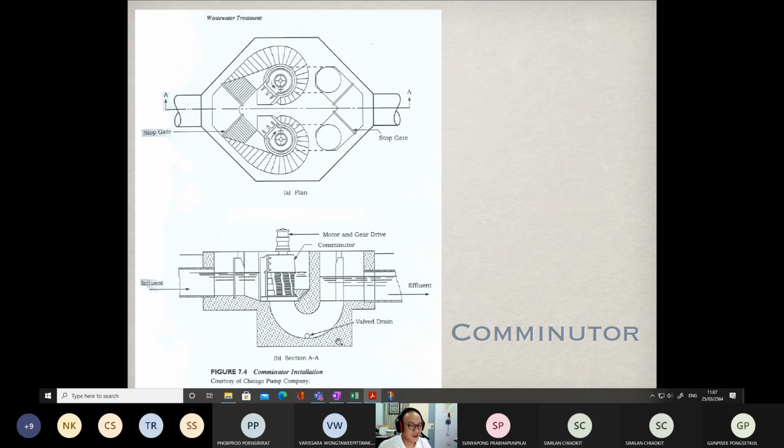But of course, only heavy particles, heavy objects, can be accumulated. Light objects may pass through these U shapes, and they are expected to be removed in the next unit operations.